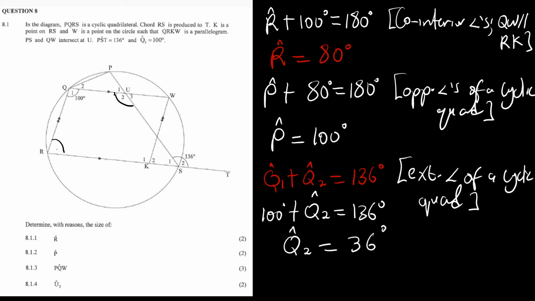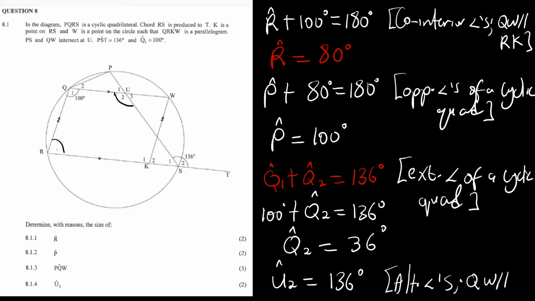These are the alternate angles. Angle U2 is going to be equal to S2, which is 136 degrees. The reason is alternate angles, and we also indicate which sides are parallel. QW is parallel to RT.